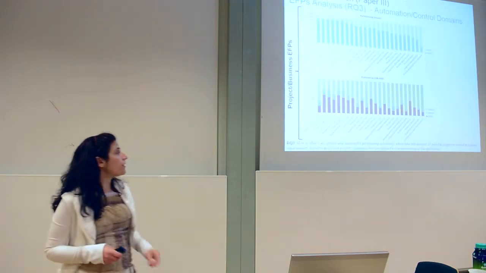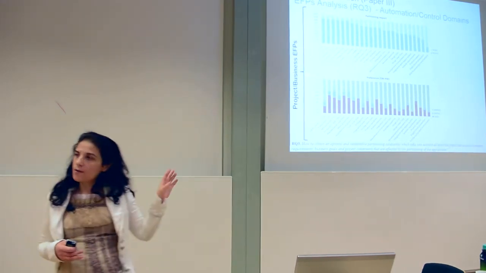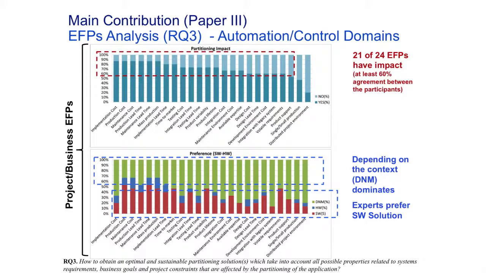Here is an example of the result, based on the classification we did. I'm presenting just the example related to the project and business constraints, but this was also done for the life cycle and the runtime properties. The first question was whether these properties are important for partitioning.